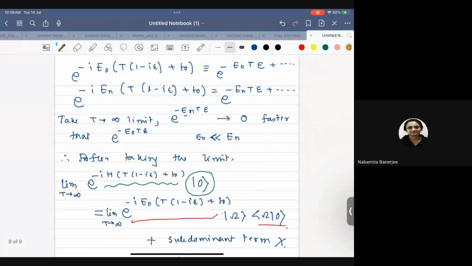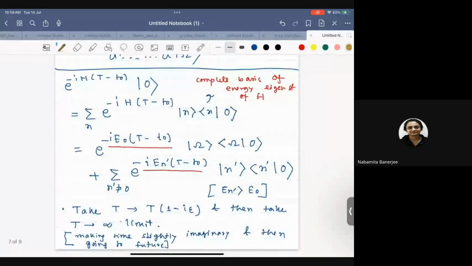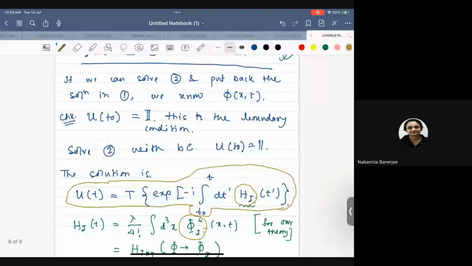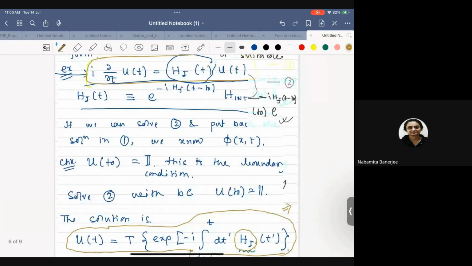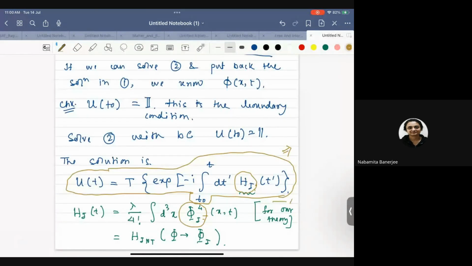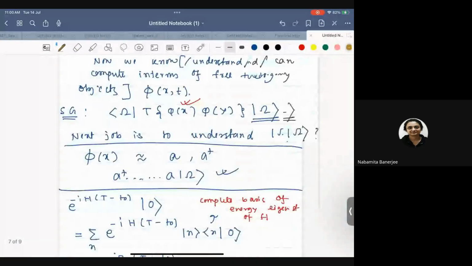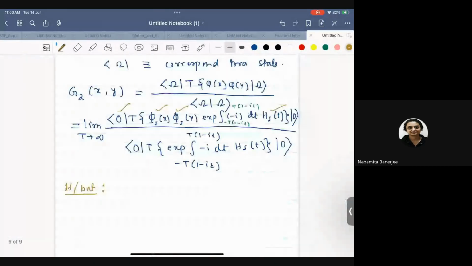This was the solution of U, but this is not always true. So this solution, have I given it or not? Let me call this equation A, this very important equation. And let me call this equation B.